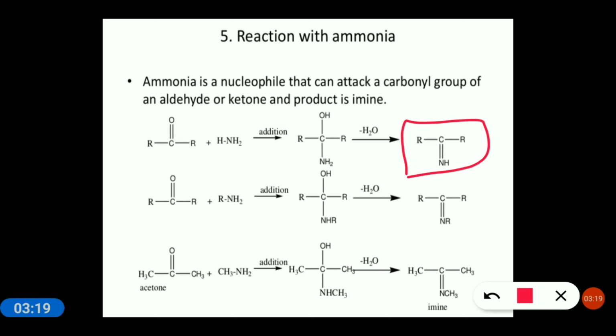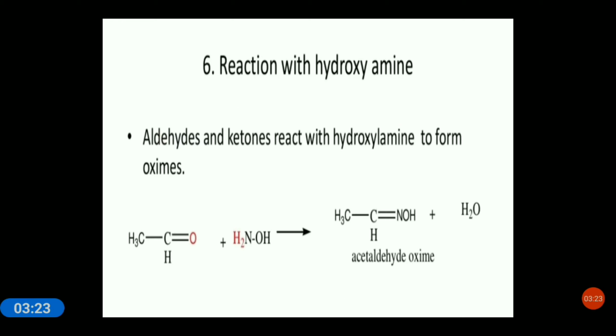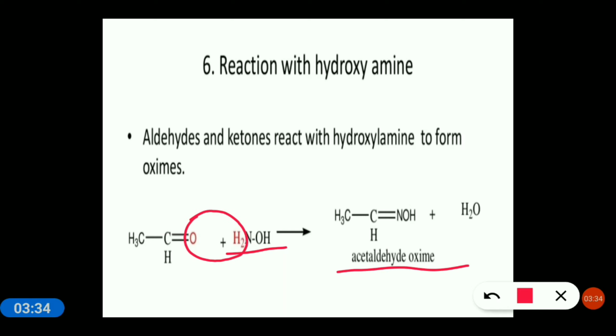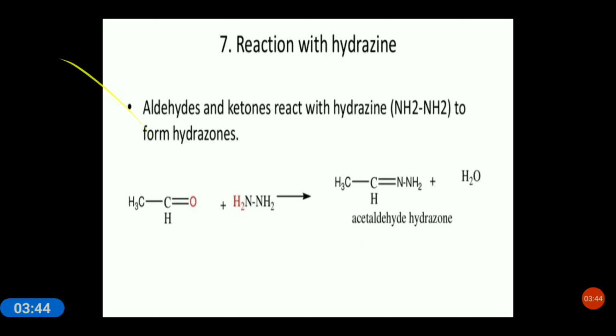Next is the reaction with hydroxylamine. When hydroxylamine, that is NH2OH, is added, there is removal of H2O and formation of oximes takes place. If the reactant is ethanal, then the formation of ethanal oxime takes place.